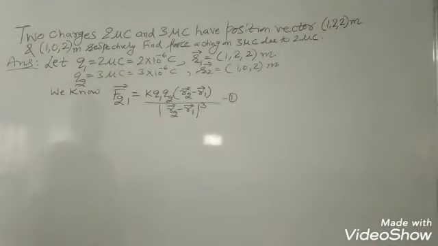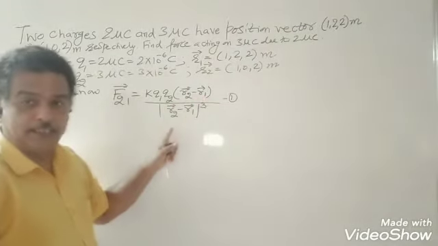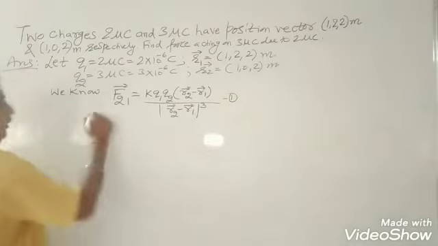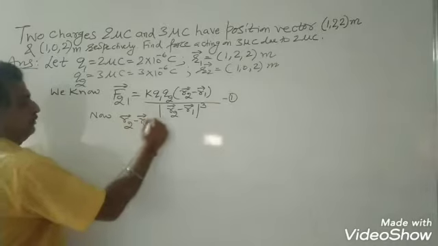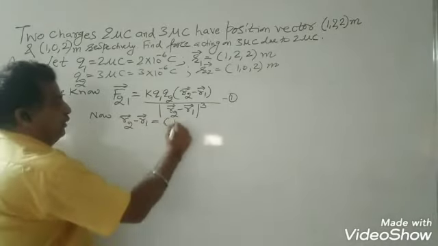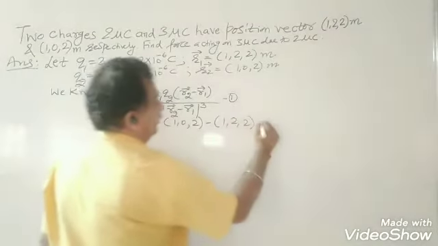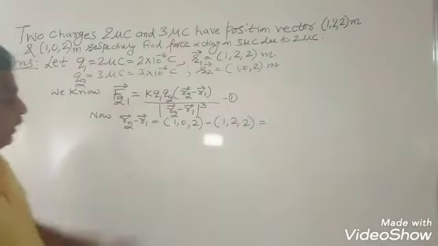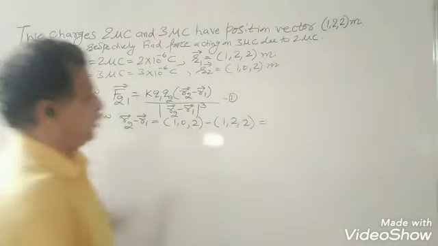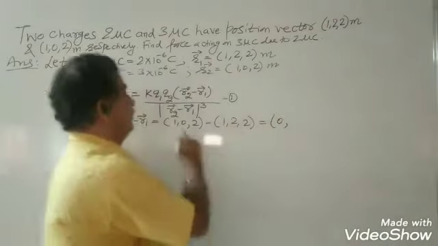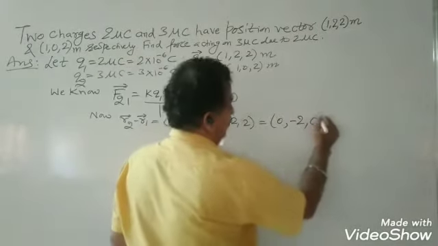So from equation 1, first we need to find out R2 minus R1 as well as its magnitude. Now R2 minus R1 is equal to (1, 0, 2) minus (1, 2, 2), so x coordinate subtracted with x, y with y, z with z: 1 minus 1 is 0, 0 minus 2 is minus 2, 2 minus 2 is 0 meter.